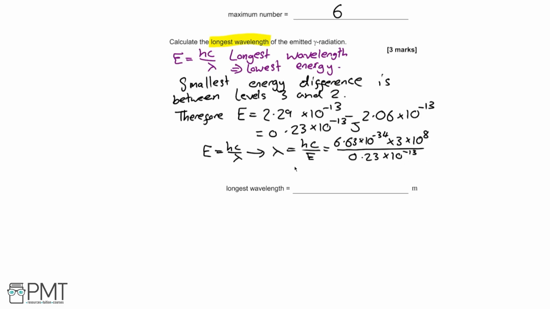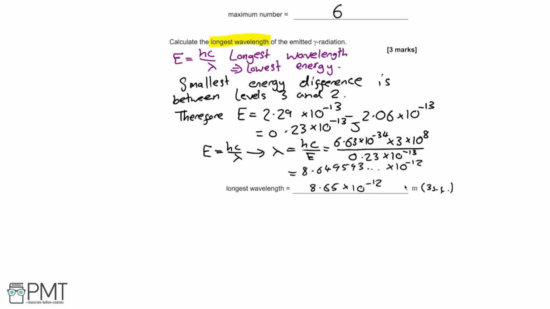Therefore, doing that calculation, we find that lambda is given by 8.649593... times 10 to the minus 12 meters. And this is equal to 8.65 times 10 to the minus 12 meters to 3 significant figures.